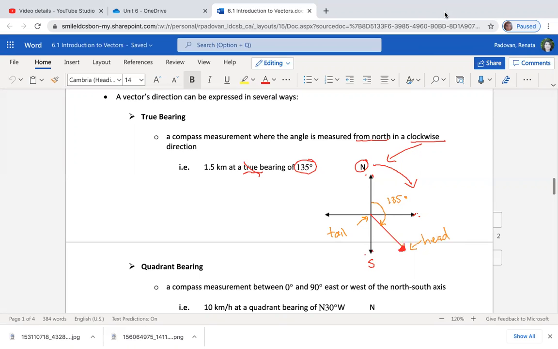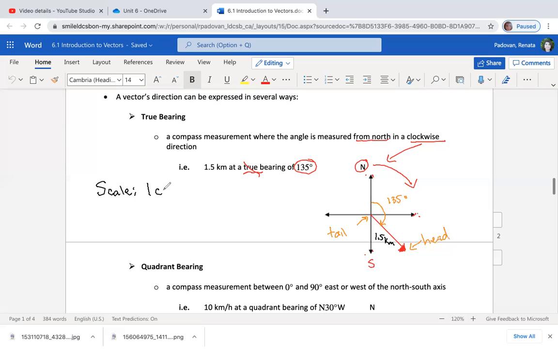We also should label, we've got our direction, but we don't have our magnitude or distance listed. So this is 1.5 kilometers, but have I drawn a line that's 1.5 kilometers long? No, obviously not. So I need to put a scale here.